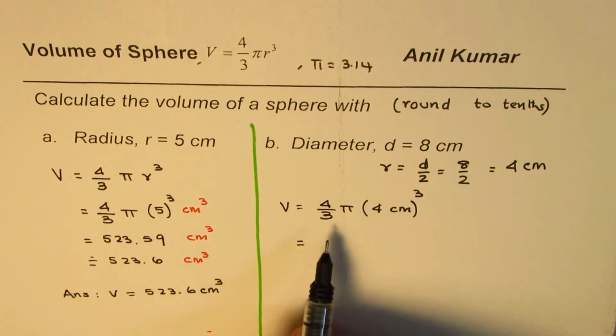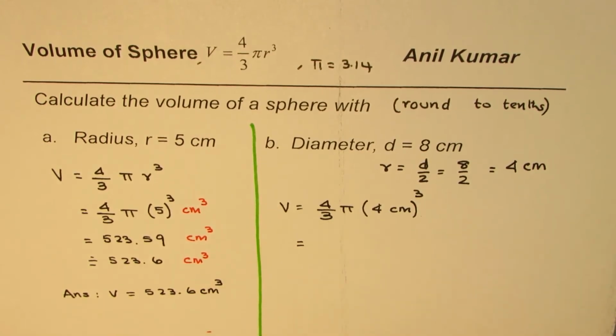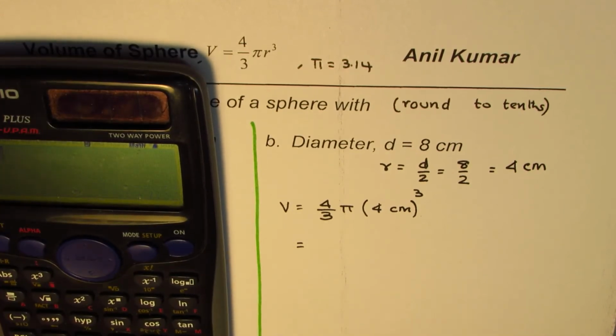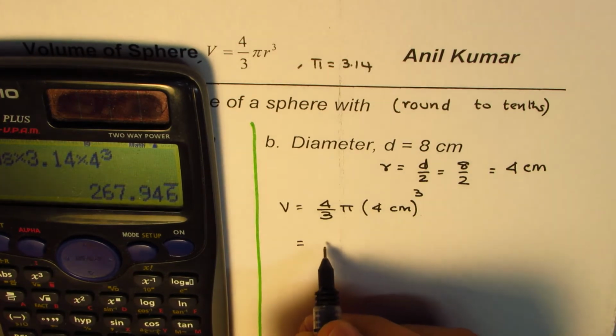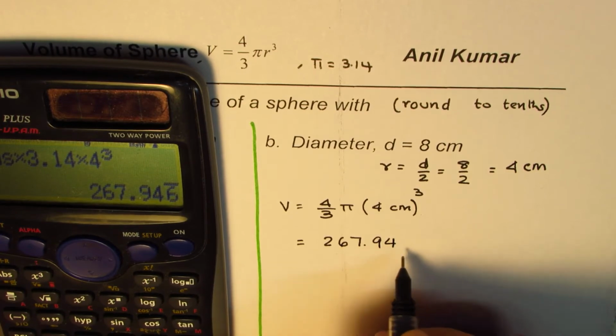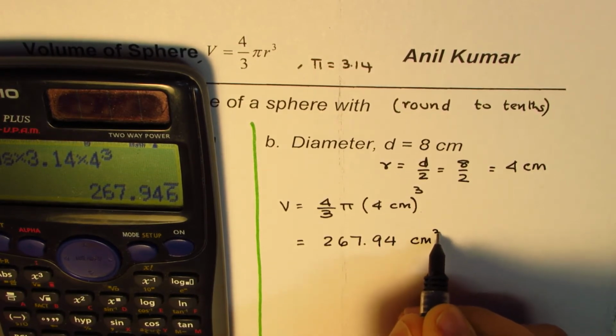Okay. So this time what we will do is we'll first divide. So what we can also do is 4 divided by 3 equals, then we'll do times pi. So instead of writing pi, I'm writing 3.14 this time, right? Times 4 cube equals, we get some answer in decimals. This gives you 267.94, right, centimeter cube.